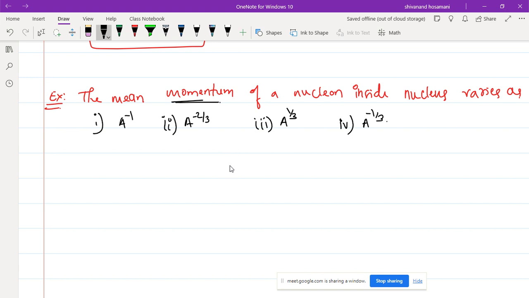In case of nuclear parts and quantum parts, they ask the momentum part, especially for nuclear nucleons or atomic particles. All these nuclear particles are treated as quantum particles. So the momentum concept comes in the Heisenberg uncertainty principle. We are going to write the same concept.